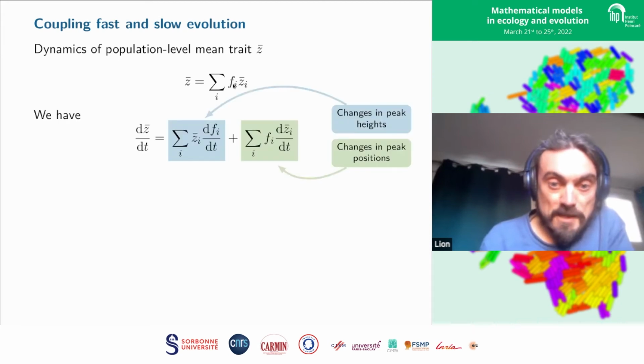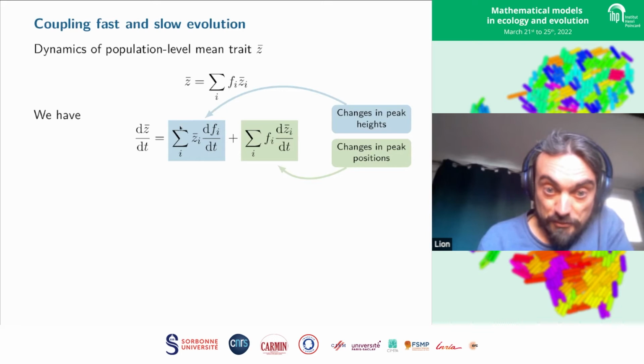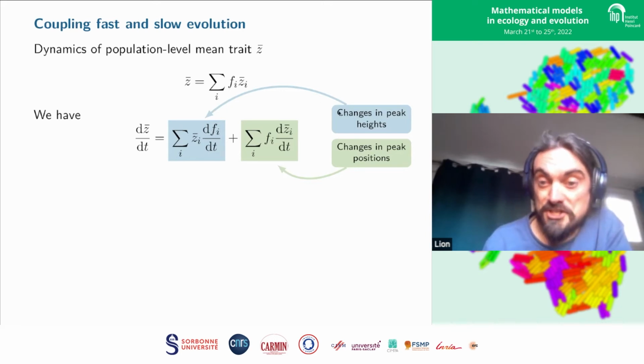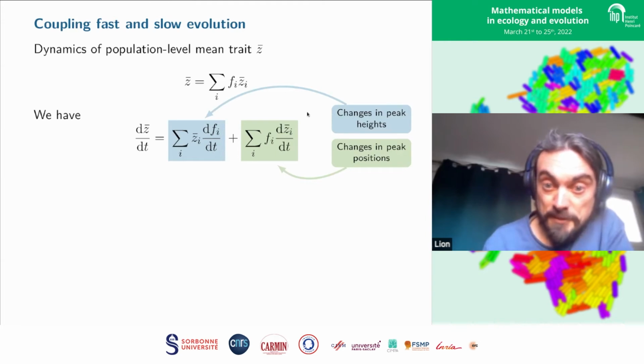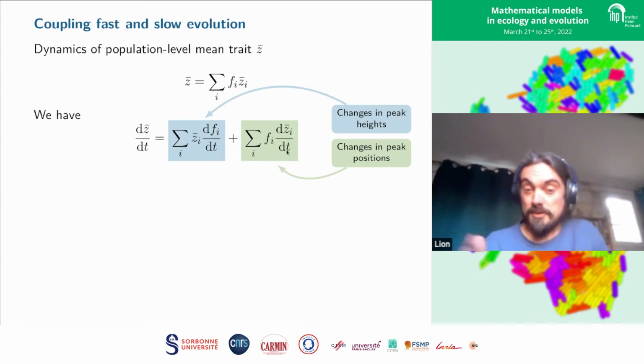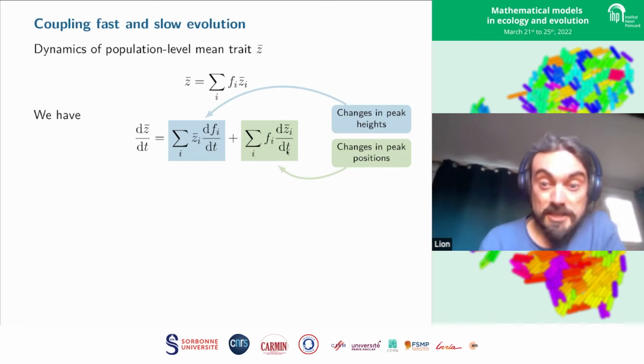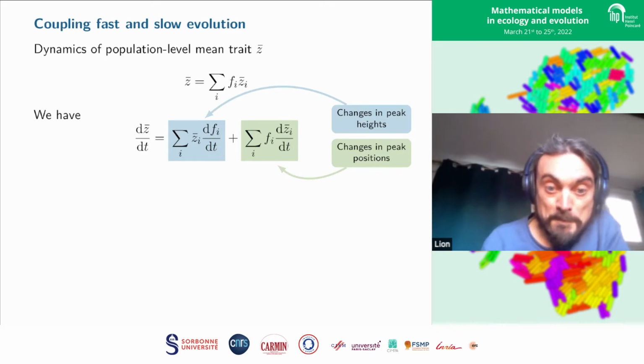And so the dynamics can be written like this, where we have a first term that depends on the change in frequency, so it depends on the changes in the peak heights, if we wish, and a second term that depends on the changes of the morph means, so on the changes of the positions of the peaks of our multimodal distribution.